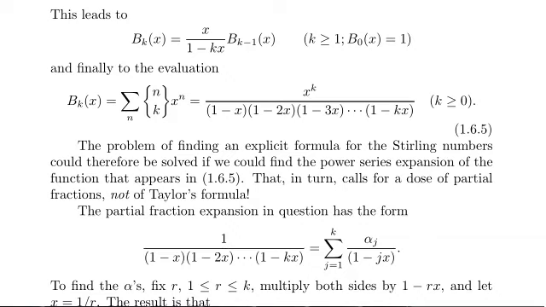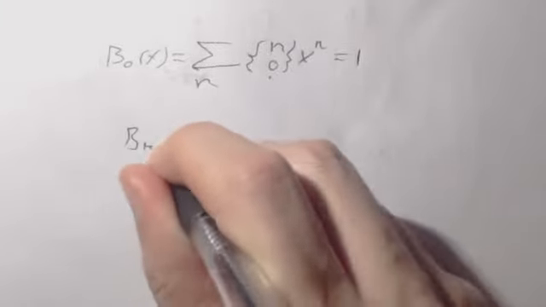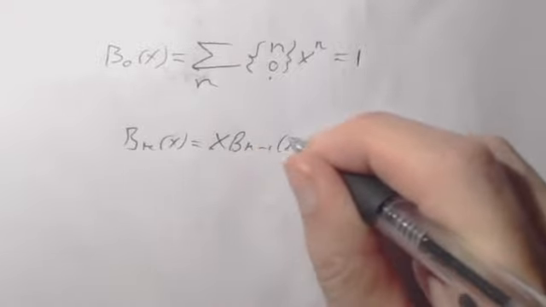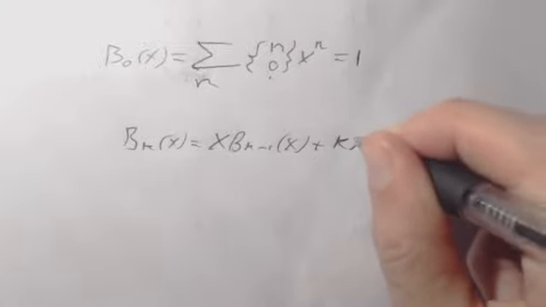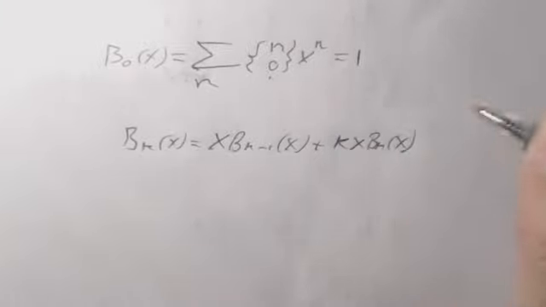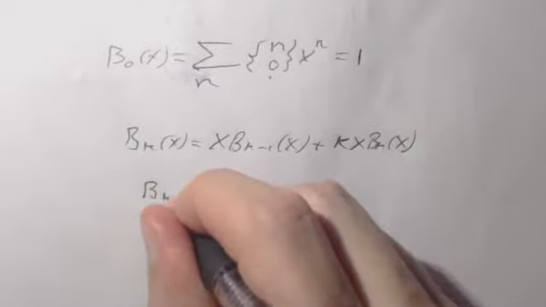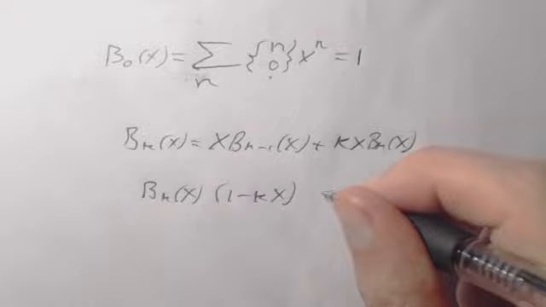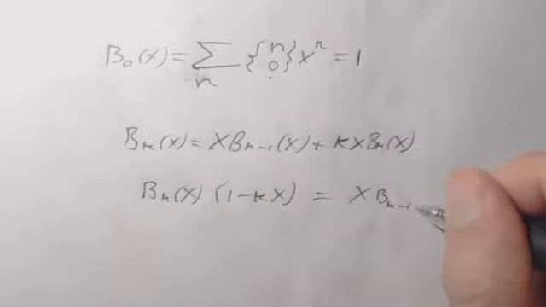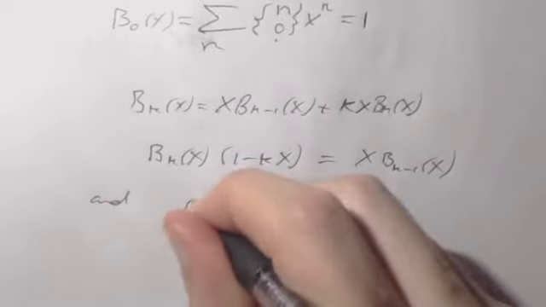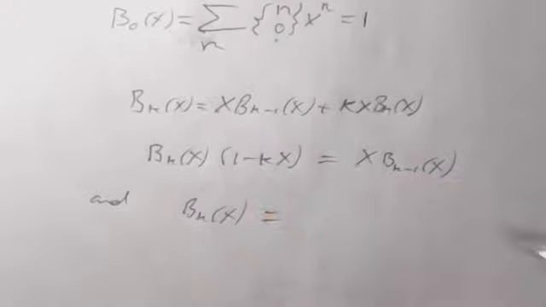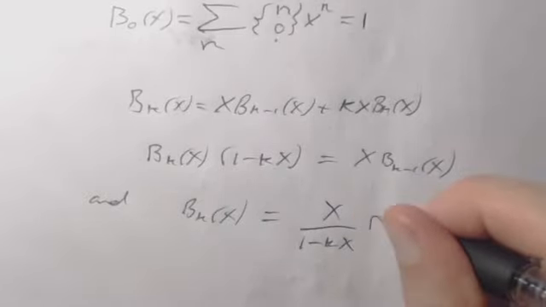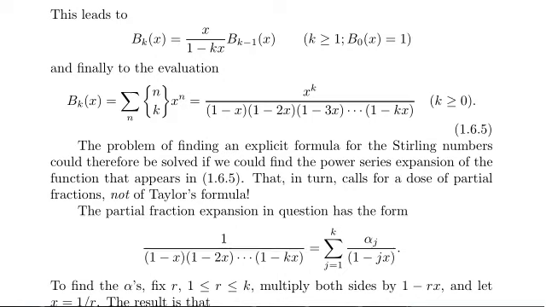So we had b_k(x) equals x b_{k-1}(x) plus k x b_k(x). Therefore b_k(x)(1 minus kx) equals x b_{k-1}(x), and b_k(x) equals x over 1 minus kx times b_{k-1}(x).